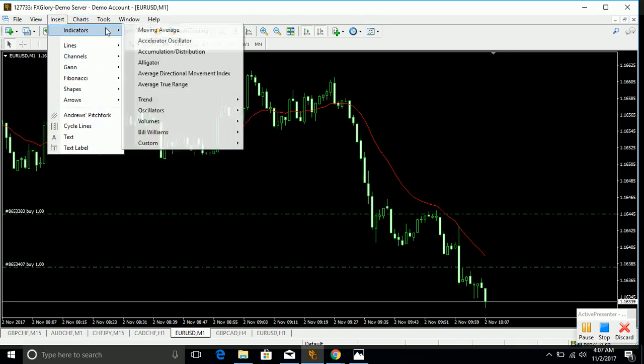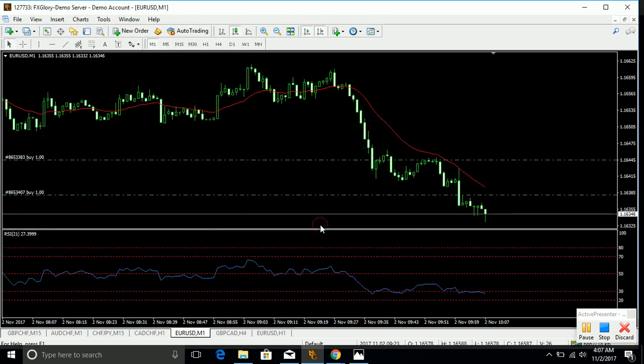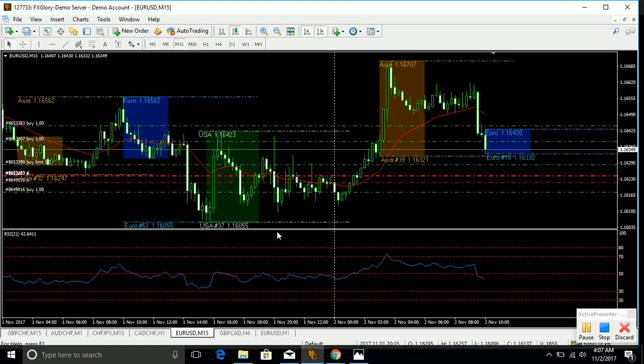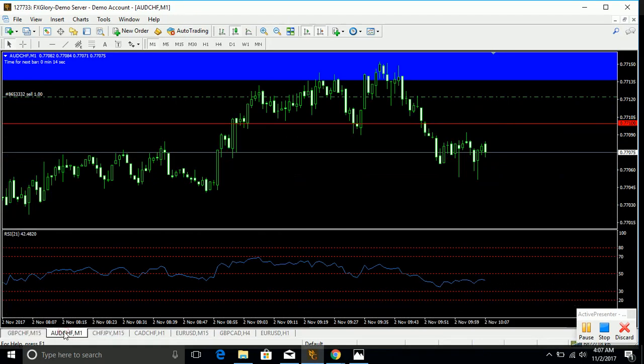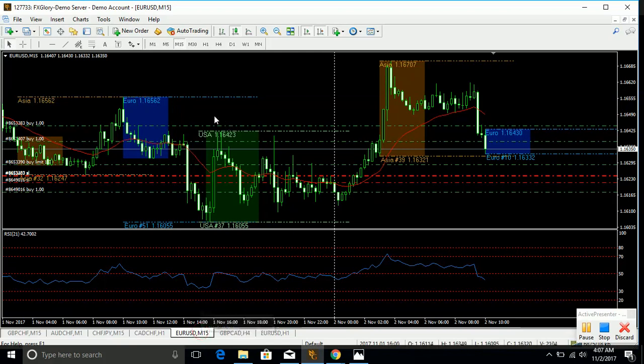And let's see our RSI. That was on this chart, sorry.